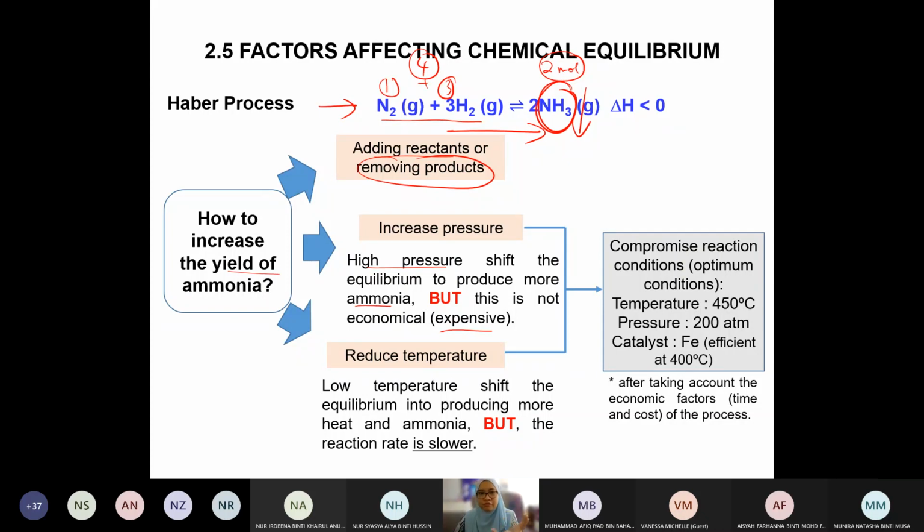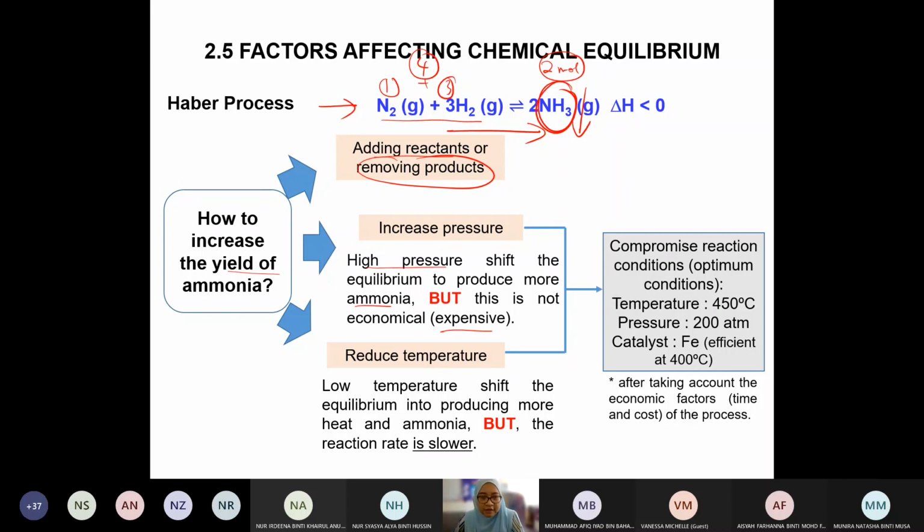You cannot use ordinary aluminium or iron. The material needs to have very high tensile strength and so on, so that it can withstand the high pressure. So this is very expensive. Industry is not as easy as that.